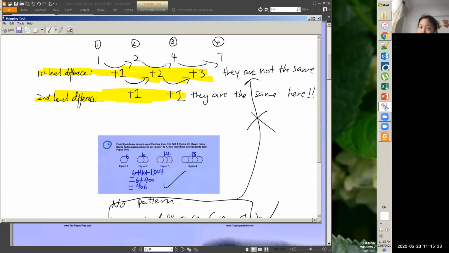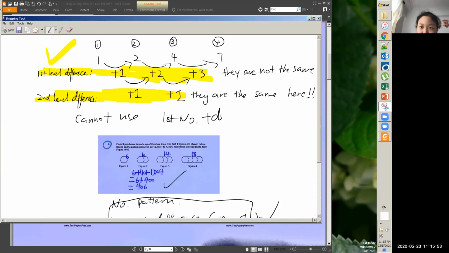What it means is that you cannot use first number plus difference times n minus 1 for this question.